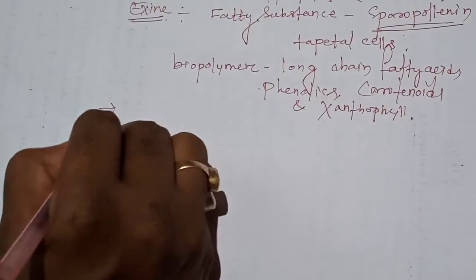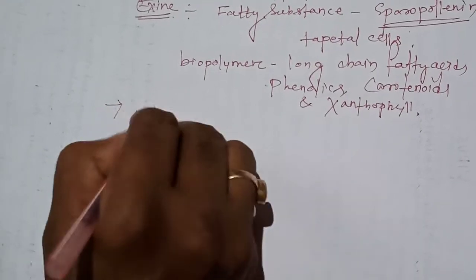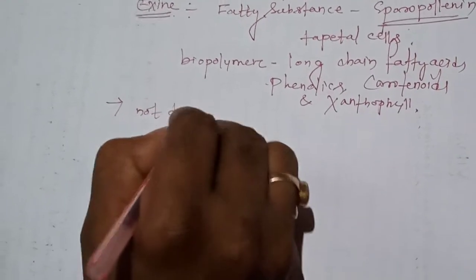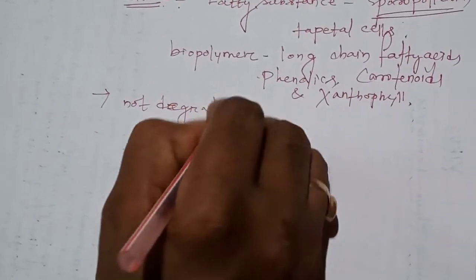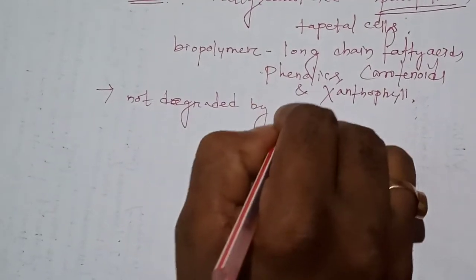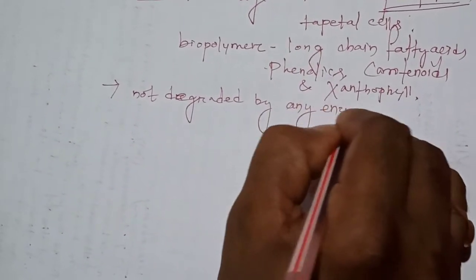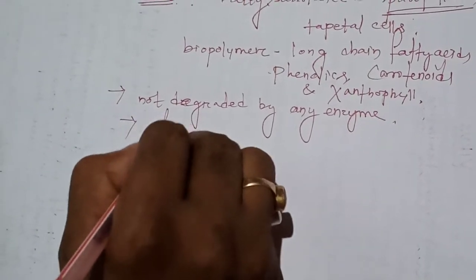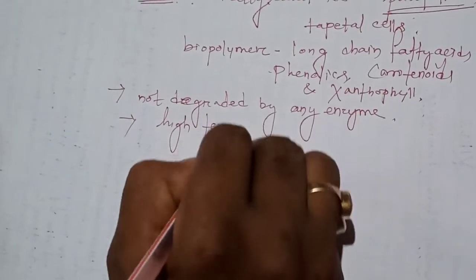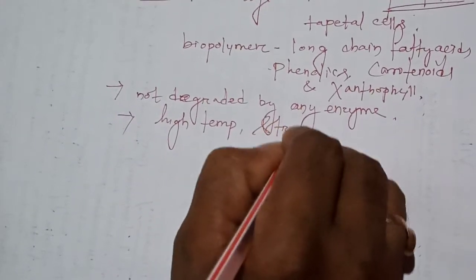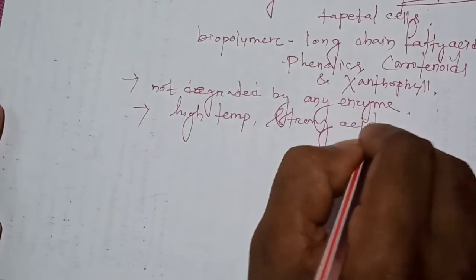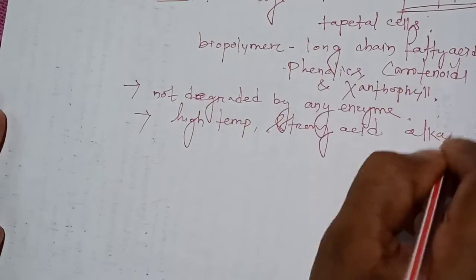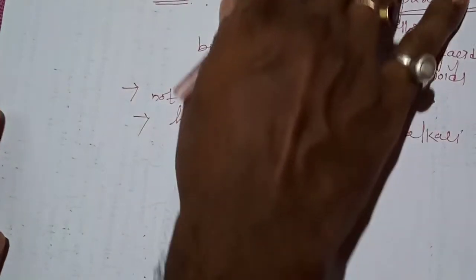The sporopollenin is not degraded by any enzyme, and is not affected by high temperature, strong acid or strong alkali. So it is highly resistant.